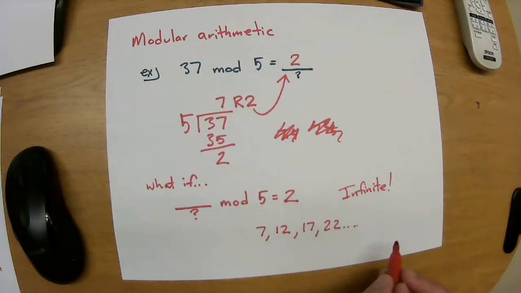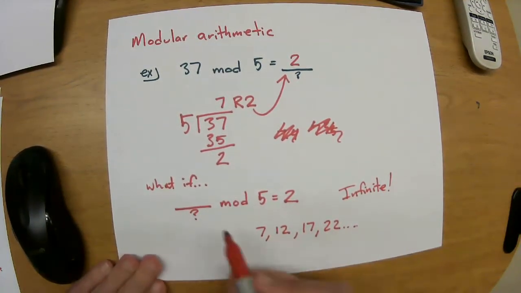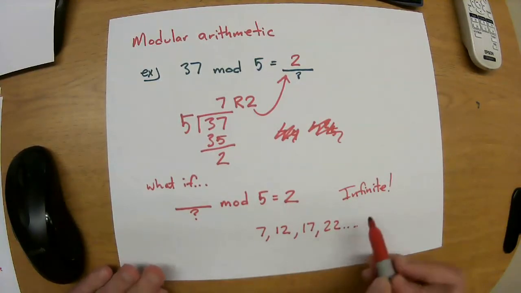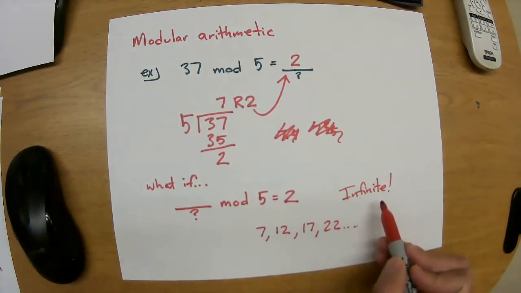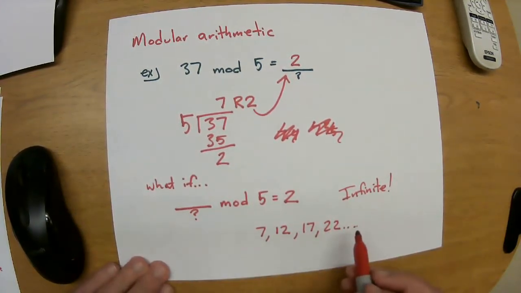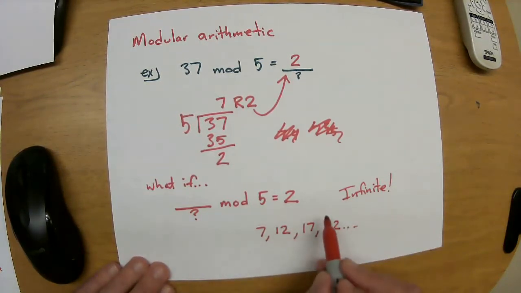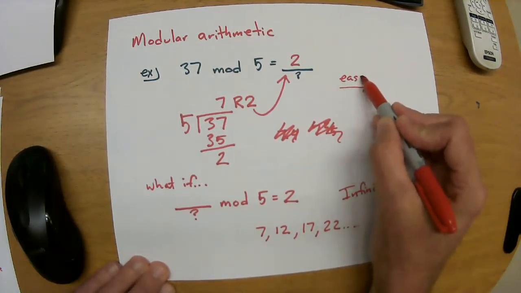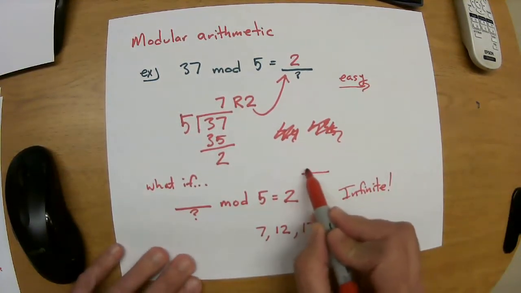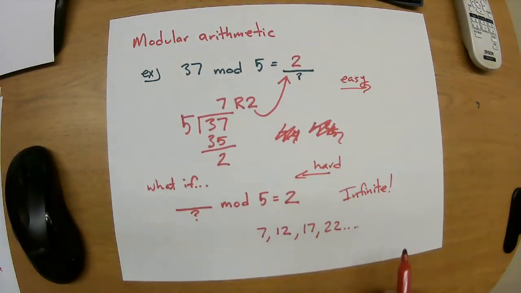If I said I did some number mod 5 and got 2 and asked what number I started with, the only way for you to know is to take guess after guess after guess until I finally say that yeah, that was actually the input I used. So this is a problem that is easy to do one way, and it's hard to do the other way.